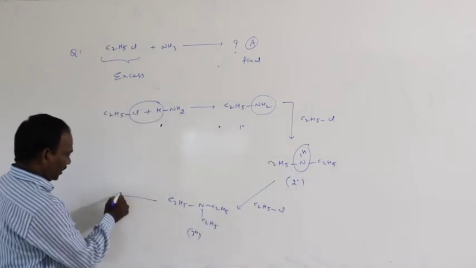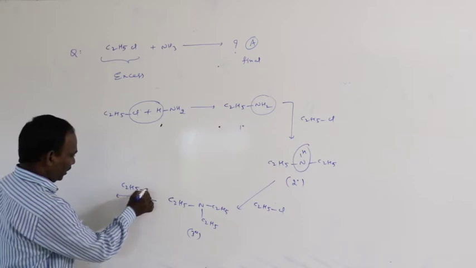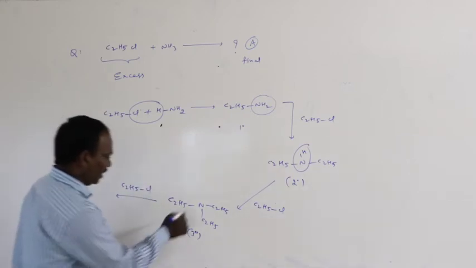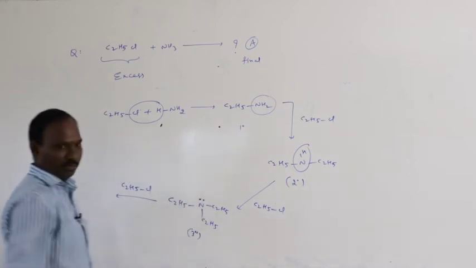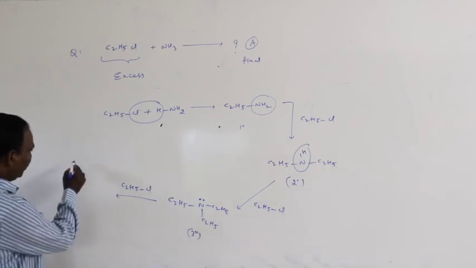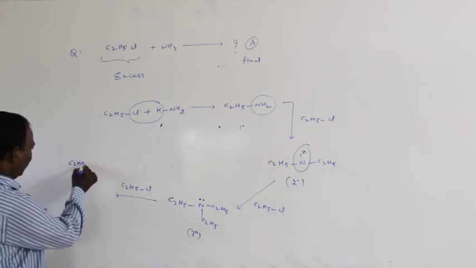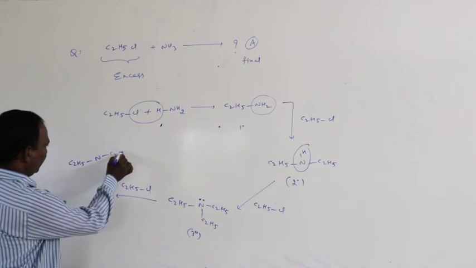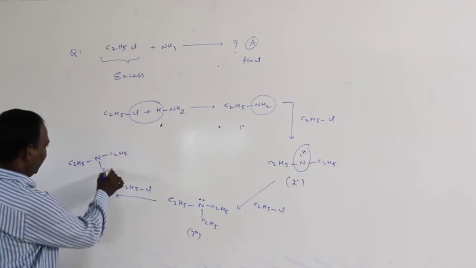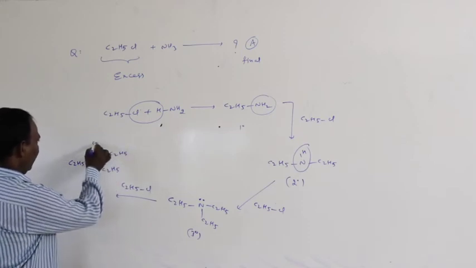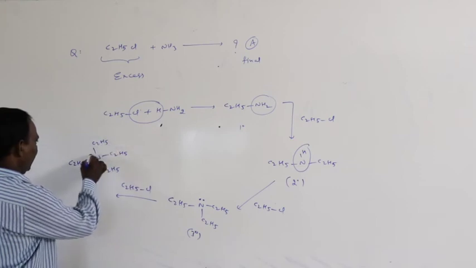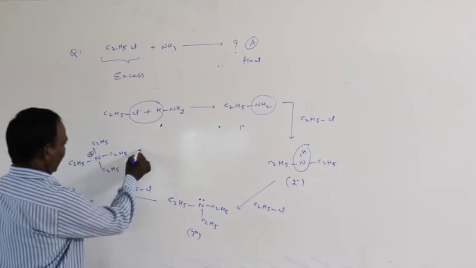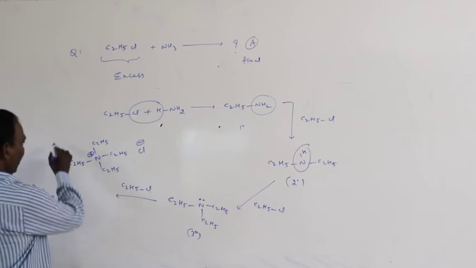And excess of ethyl chloride, C2H5Cl, is added. Here, due to the presence of the lone pair of electrons, it gives C2H5 N C2H5 with C2H5 and C2H5, with the nitrogen losing electrons to become plus and the remaining Cl minus.